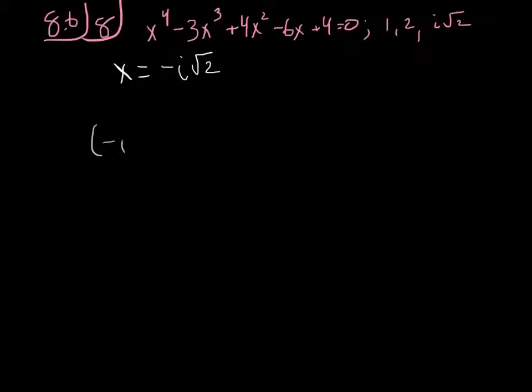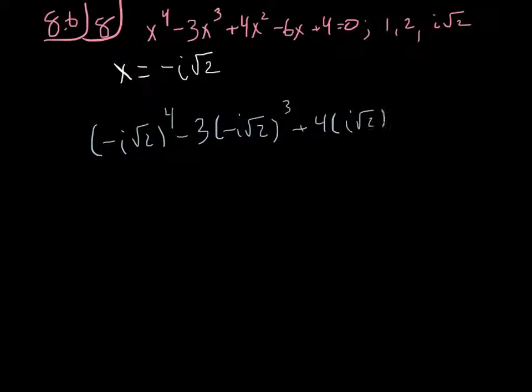I'm actually going to plug it in instead of use synthetic substitution, because it's not a sum of a complex piece, and so I think it'll be a little bit easier here. This should equal 0, so remember we're trying to see if that equals 0.